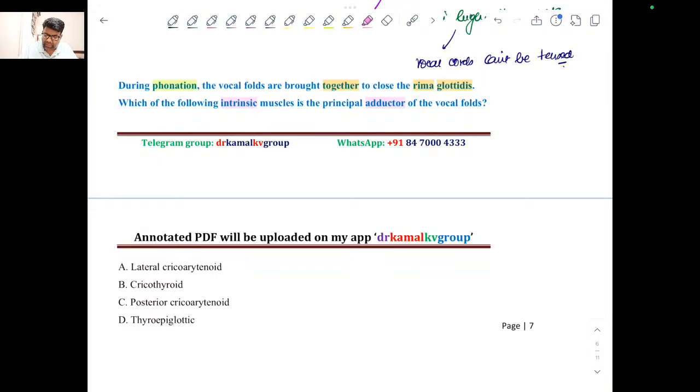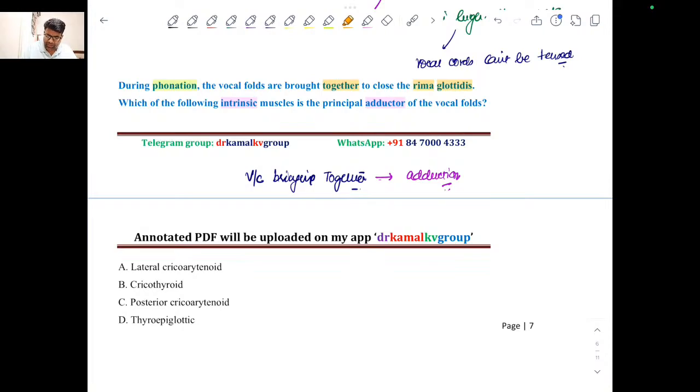If we are saying bringing together, vocal cords bringing together, it means which movement is happening? This is adduction, and the principal adductor, which muscle brings the vocal cord closure?